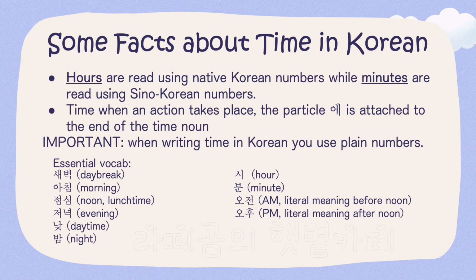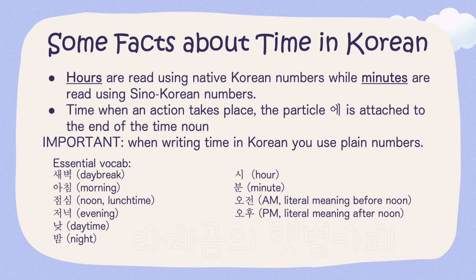So this means that when you're telling time and you use hours and minutes, you will have to use both number systems. And when referring to time when an action takes place, the particle 에 is attached to the end of the time noun. And we'll go over this more in lesson 8. When writing time, you just use the plain numbers. You don't have to write them out in words.